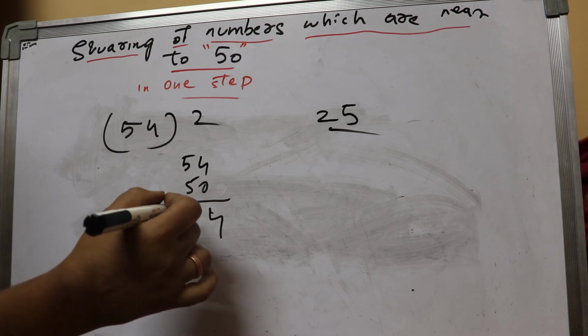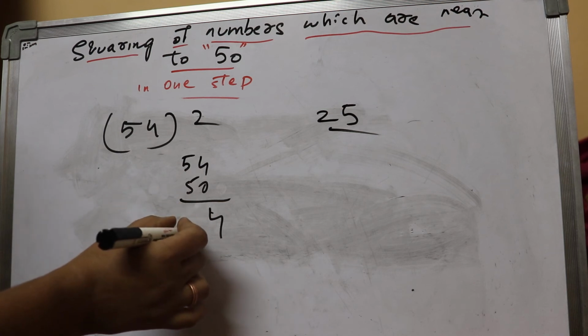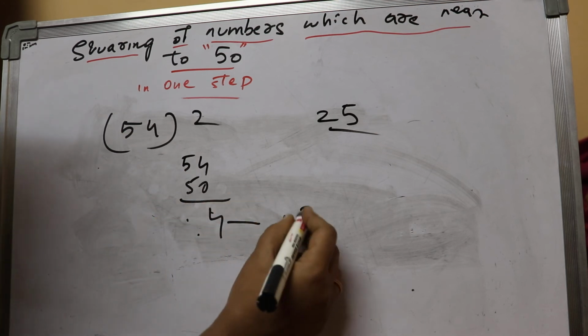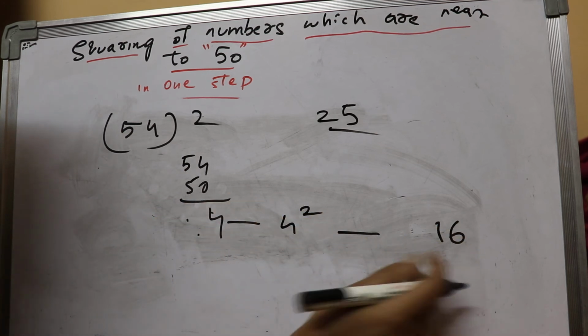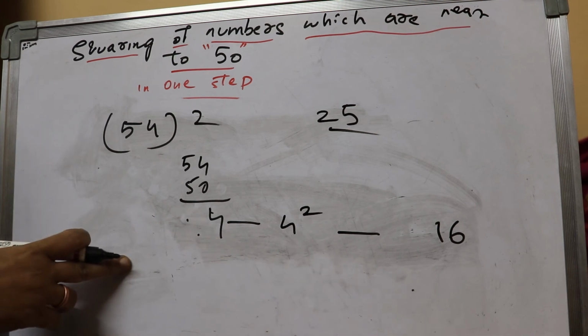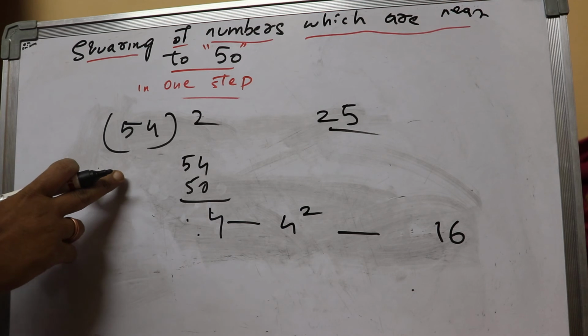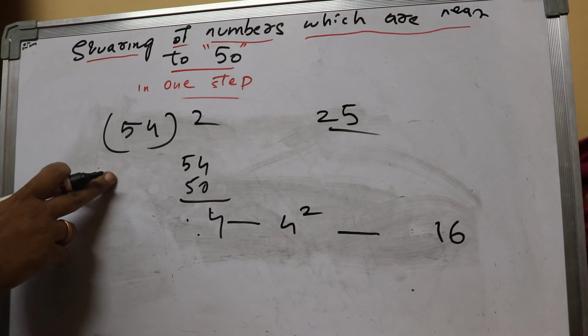So how much is 54 greater than 50? It's 4. After this, what we have to do? We have to square this number. So it's 16. Now here 54 is after 50, right? Previously we have seen the numbers below 50. Now 54 is above 50, right?